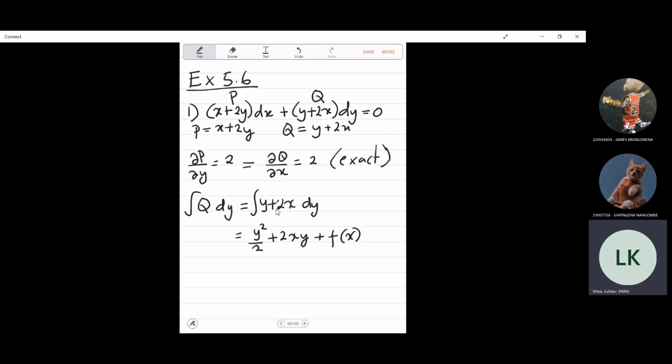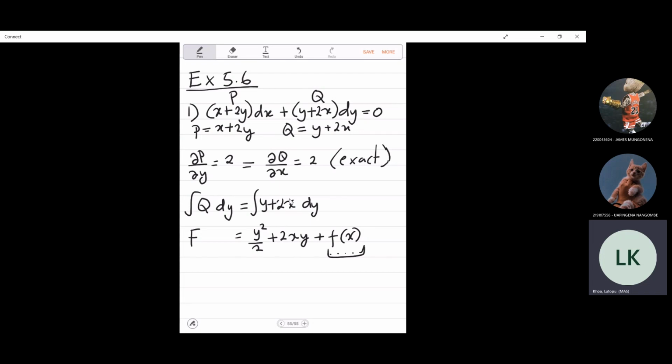So I'm back there. Okay, then what we do here is we now can call this one our f. So this is what the function will look like with a function of x missing there.